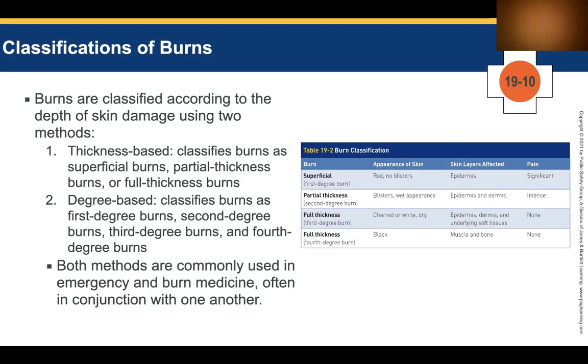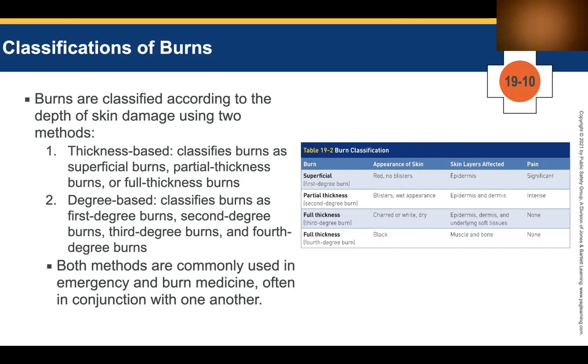And the other thing that you've got to realize is when we talk about the rule of nines, we're talking about the body surface area. There are going to be areas that have superficial, partial thickness, and full thickness when somebody's been exposed to thermal radiation type burns.